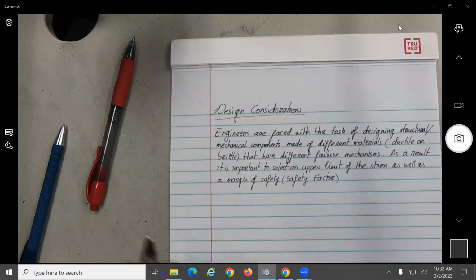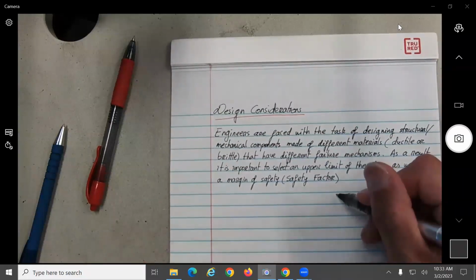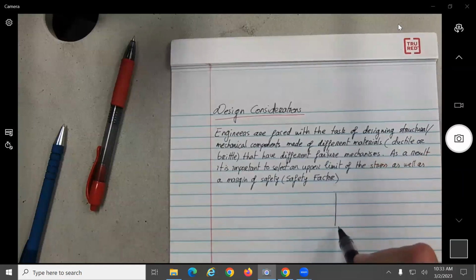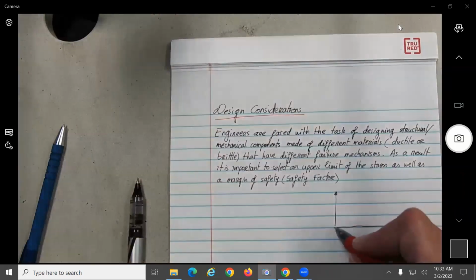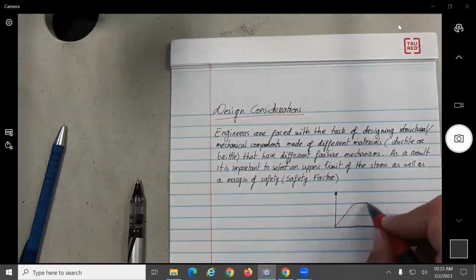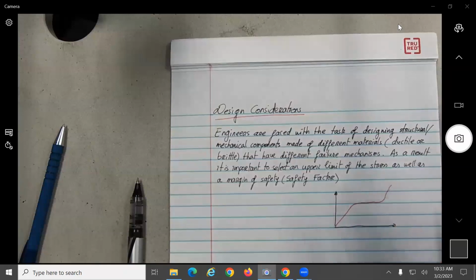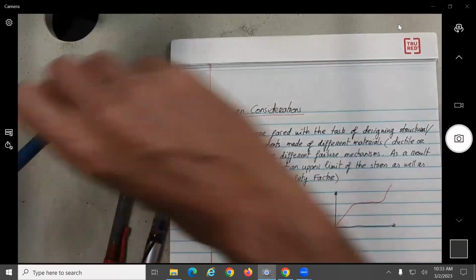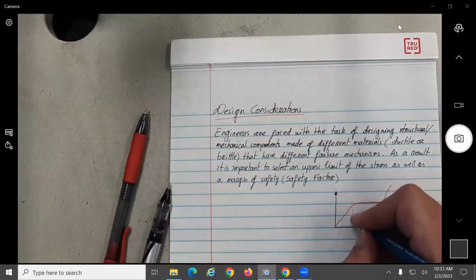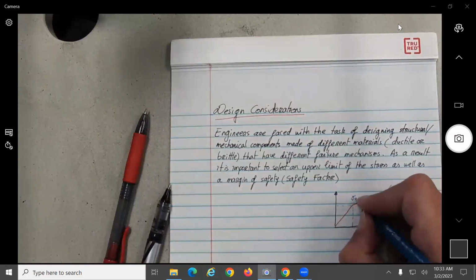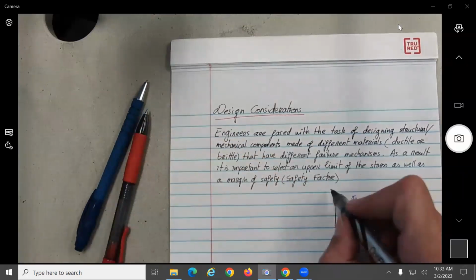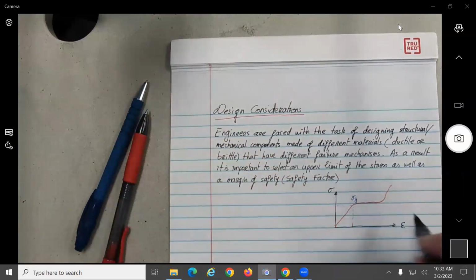Okay, so over here, if you remember, we did that curve over here. Always a stress strength curve. Okay, where basically we say this will be the stress strength curve.